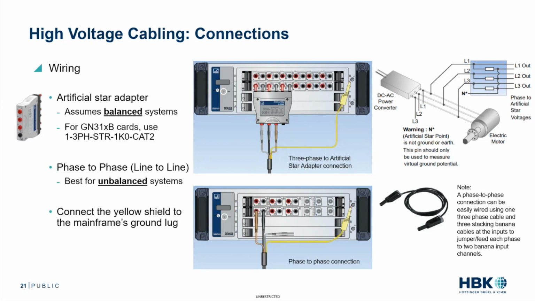Ideally, for the best and most accurate measurement, you would want to use a phase-to-phase line-to-line connection, which you can certainly do with this cable using 3 stacking banana cables at the inputs to feed the different phases to more than one channel. And then you can connect the mainframe's ground lug to the cable shield.